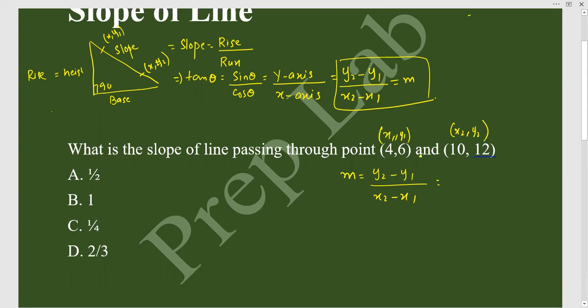So the difference y2 minus y1, 12 minus 6, over x2 minus x1, 10 minus 4. 12 minus 6 is 6, 10 minus 4 is 6, 6 divided by 6 is 1. So it means that my slope is 1.